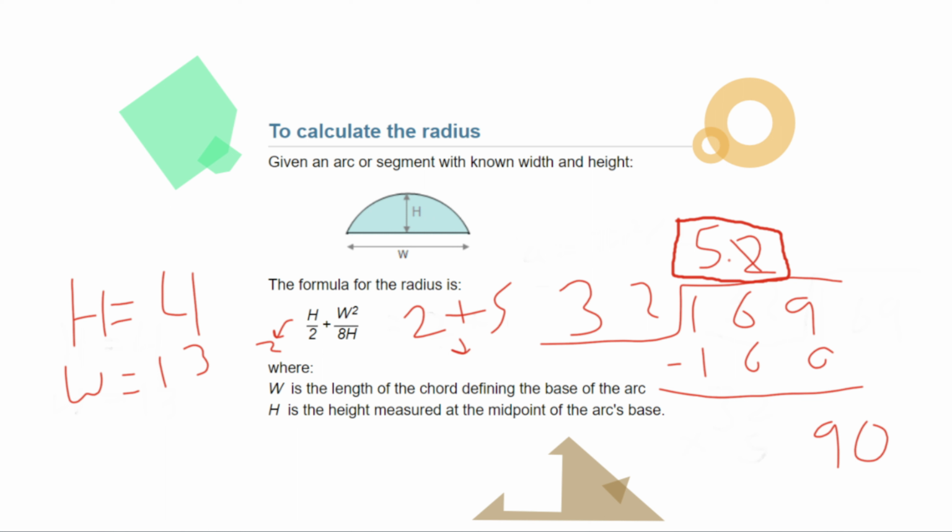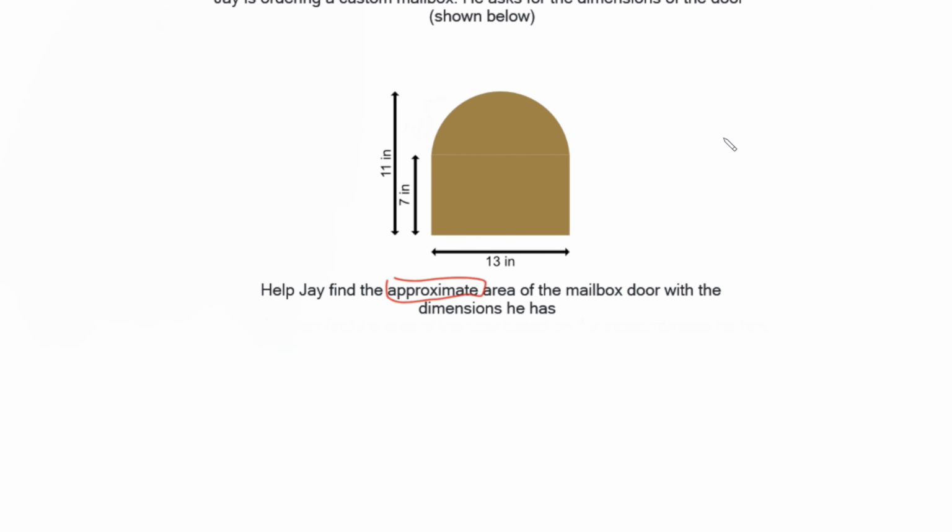So we know this formula for the area of the circle, probably. It's pi r squared. So I'll just write this down, pi r squared. And then this pi r squared, we have to divide it by 2.